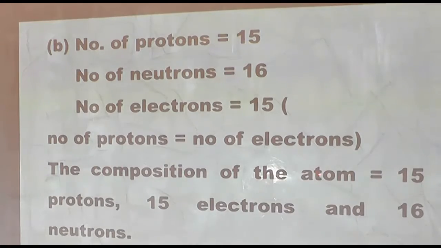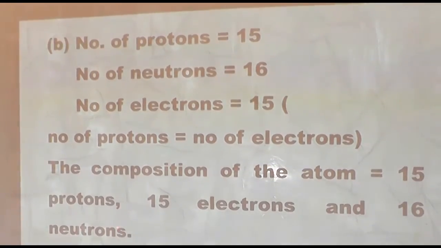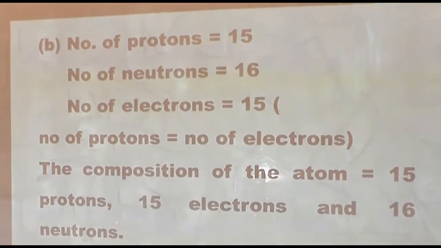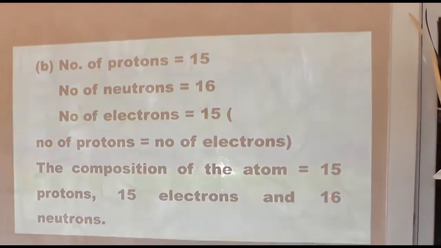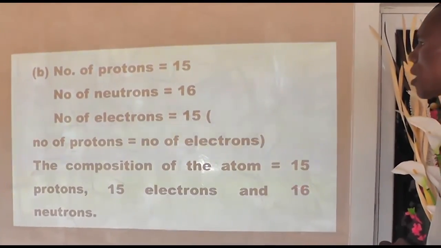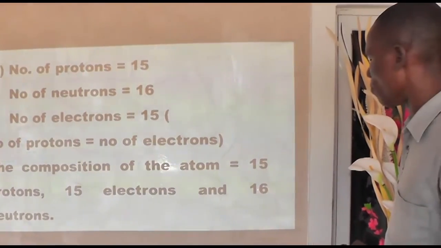Therefore, the composition of the atom as a whole, no longer the nucleus alone, is 15 protons, 15 electrons, and 16 neutrons. From here we can deduce the mass number as number of protons plus number of neutrons, which is 15 plus 16, and that gives us the atomic mass 31.